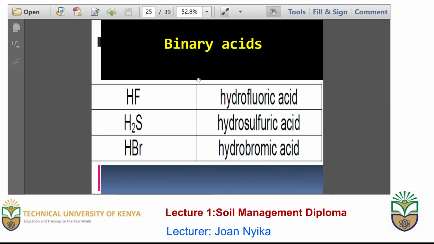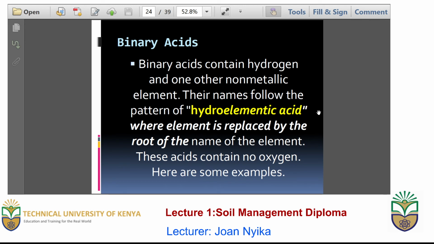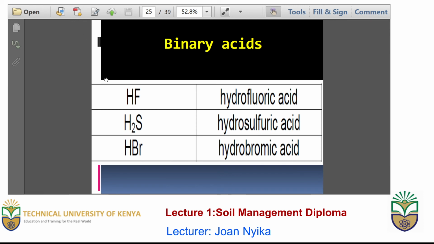Let us look at some of the examples. Here is an acid made of hydrogen and fluoride, and its name is hydrofluoric acid. Look at the way we are naming it, the hydroelementic acid. That is hydrofluoric acid. Look at the case of hydrogen and sulfide. We form what we call hydrosulfuric acid.